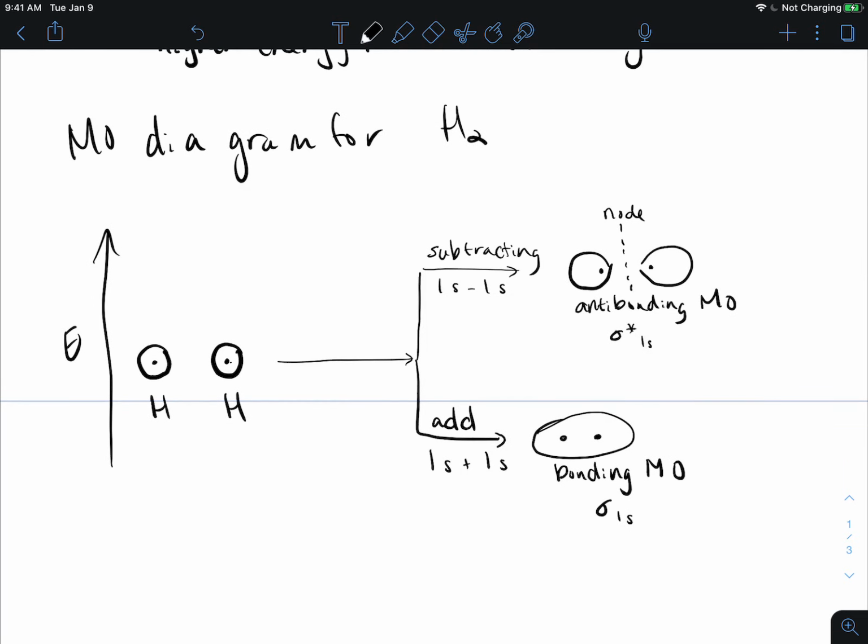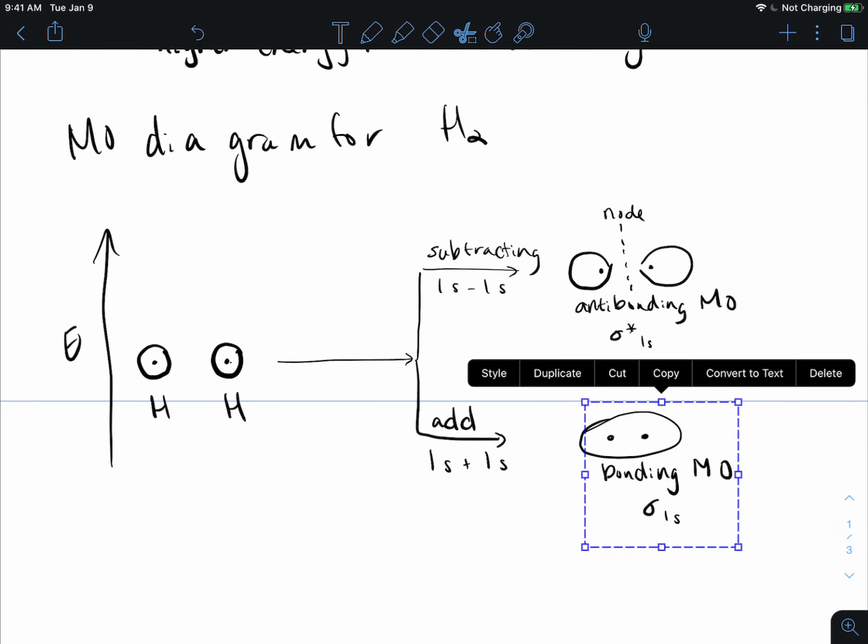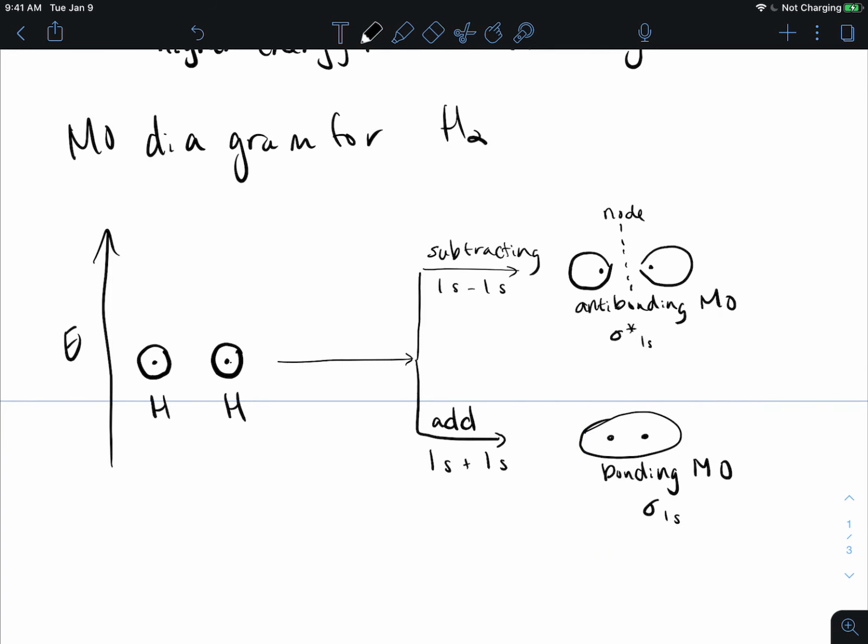Let me just line that up so it looks a little bit better. There we go. Okay, so those are our two types of orbitals that are produced when we overlap two s orbitals. So we've got our bonding and our anti-bonding.